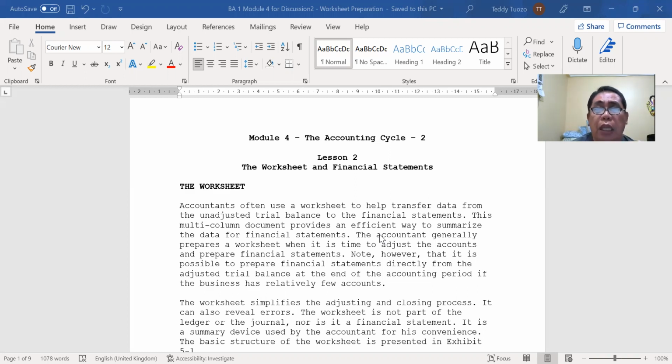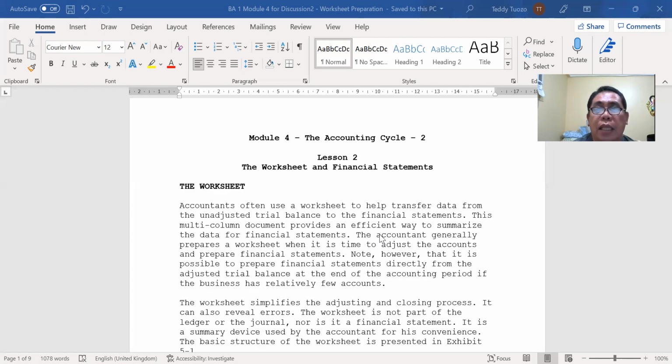So it's possible, no? It's possible to skip the worksheet as long as you have already prepared the adjusting entries and the adjusted trial balance. When we say adjusted trial balance, it is actually the result of the adjusting entries that we made. The unadjusted trial balance is the trial balance that we prepared after the posting to the ledger.